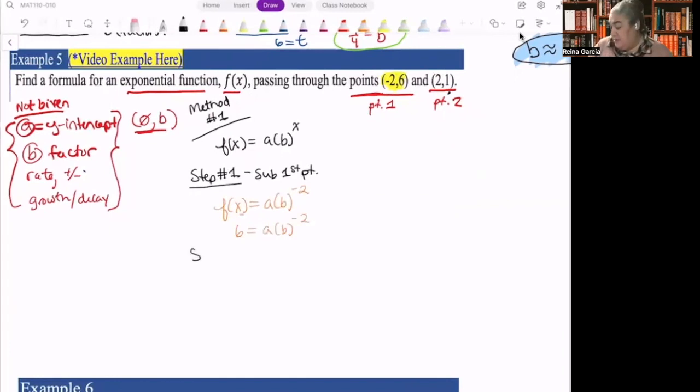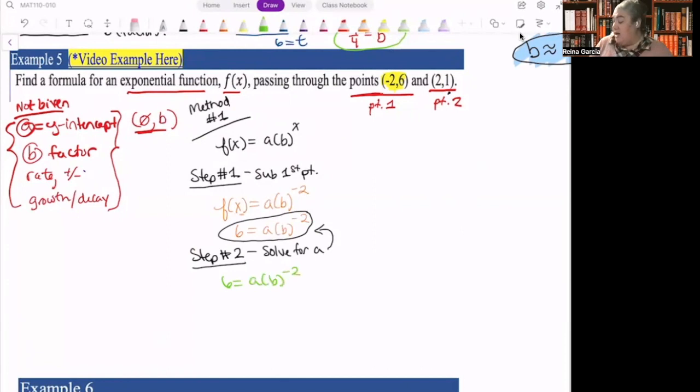Step 2 is to solve for a from the above equation that we just wrote. So 6 equals a times b to the negative 2. If we want to solve for a, we have to divide by b to the negative 2 on both sides.